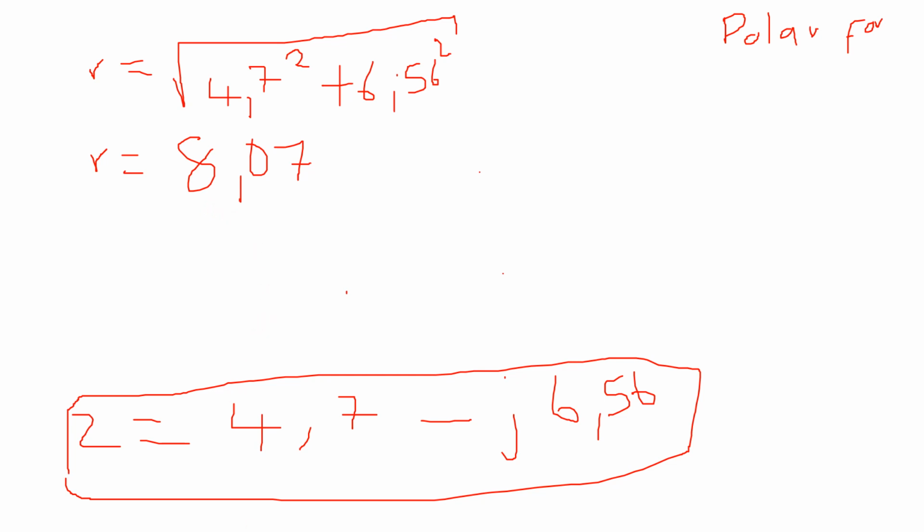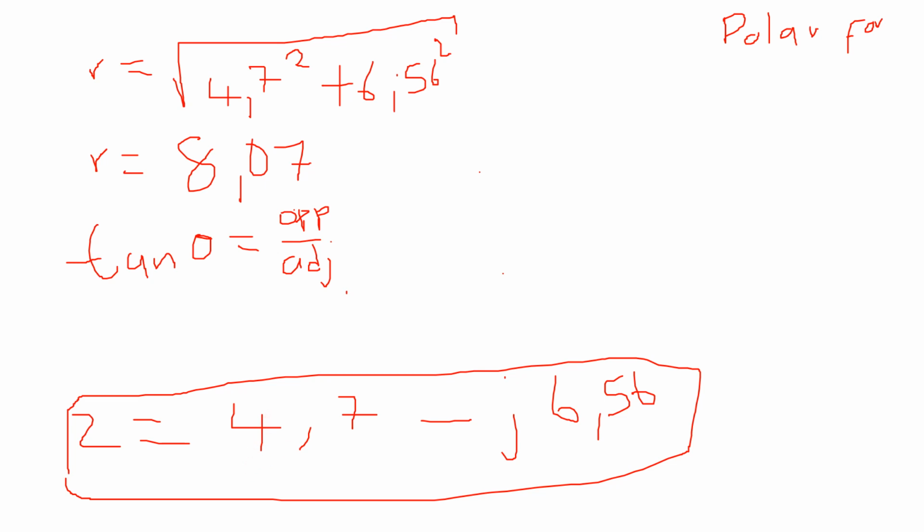We must use the tangent of theta so that we can find the angle. Remember, tangent of theta is equal to opposite over adjacent. Every time, the opposite side will always be the imaginary part, and the adjacent side will always be the real part.